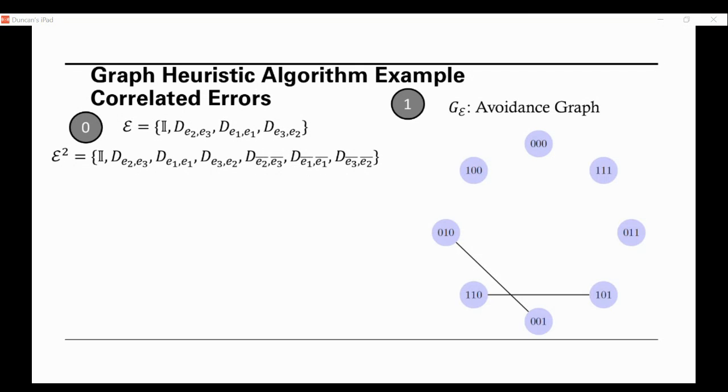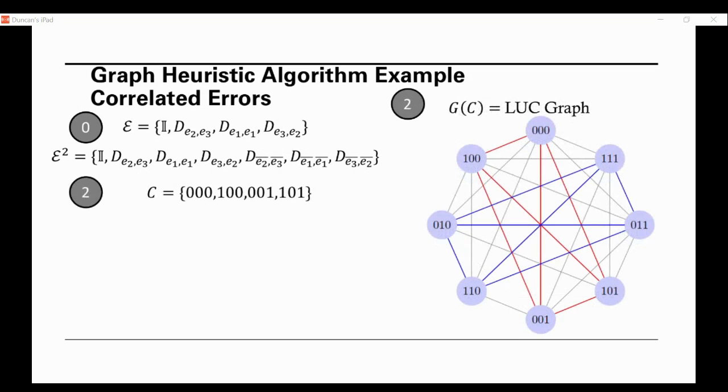All right, so what does the avoidance graph look like? Well, it's just this guy here, because what's our difference set? Well, if you take any two of these things and subtract them, this is what you're going to get. And you want to take the complement of that and find a Cayley graph that's a subset, one of these LUC graphs.